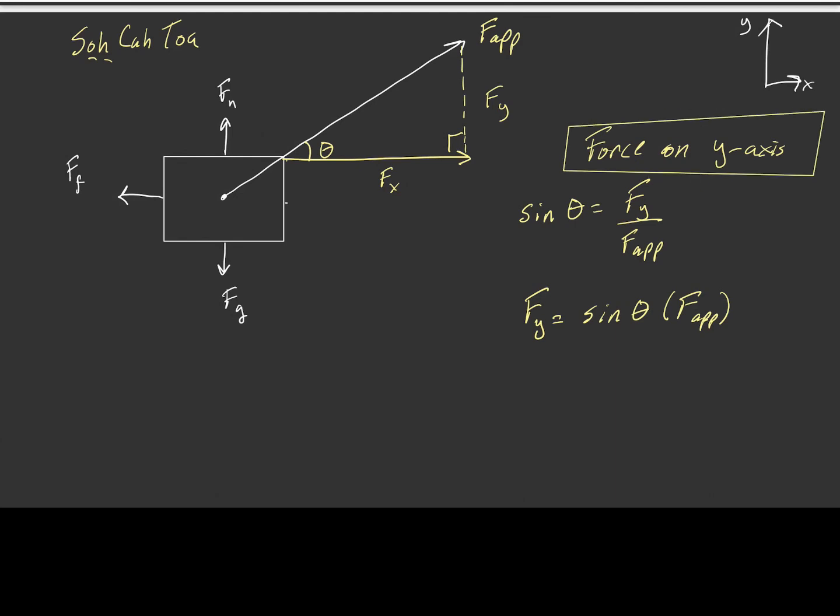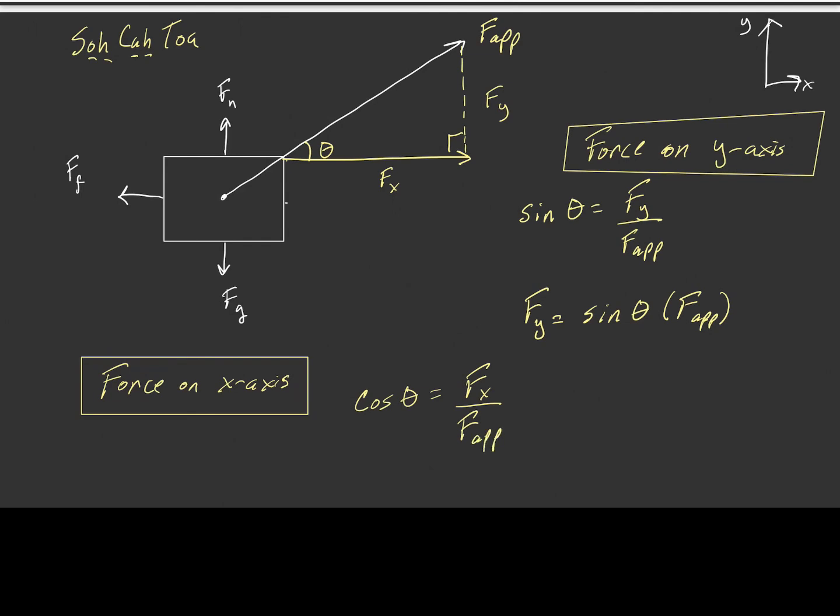The same is true for the force on the x-axis. We just have to ask ourselves, what trig function will support this? If we look at the cosine of theta, cosine is the adjacent over the hypotenuse. The adjacent is the force on x, the hypotenuse again being the applied force.